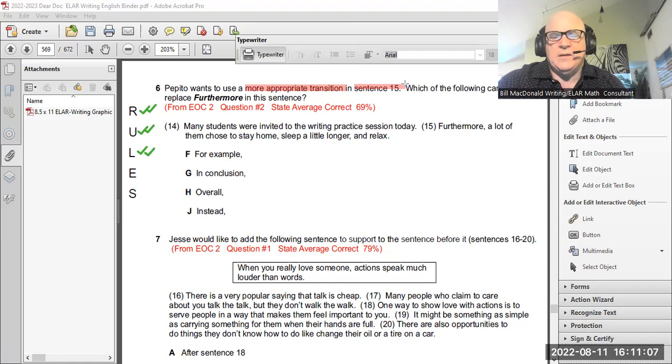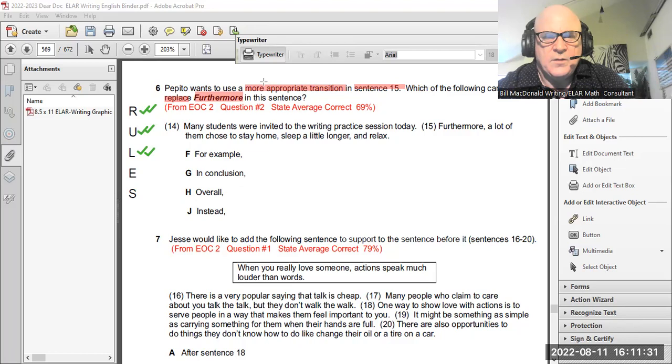They can say in sentence 17, it says this, comma, but it should be this. Which of the following can best replace furthermore? So replace means that something comes out. This furthermore word is going to come out, and something else is going to go in.